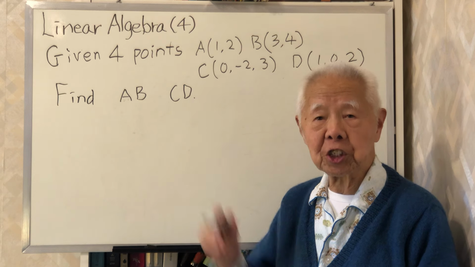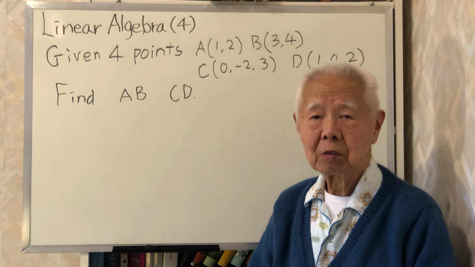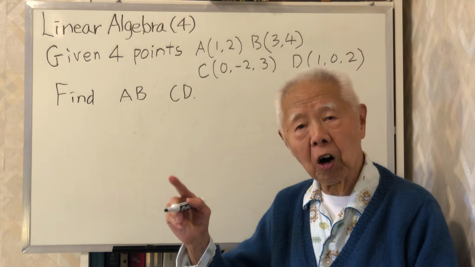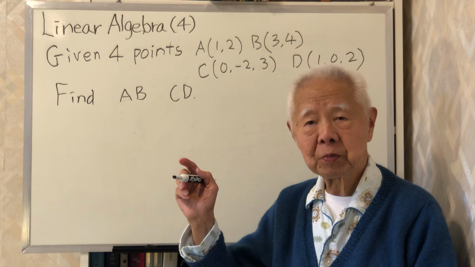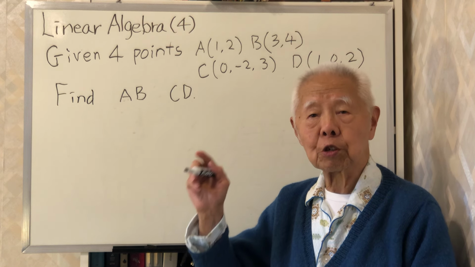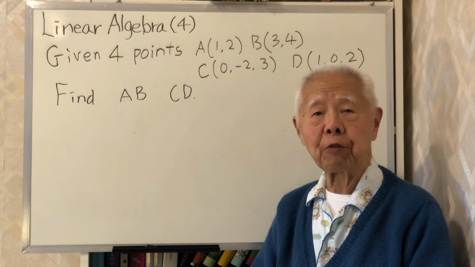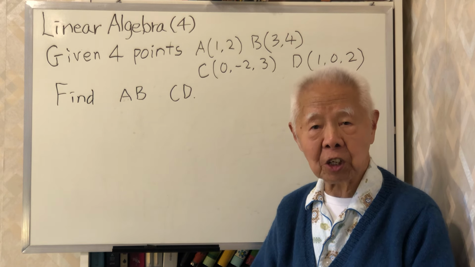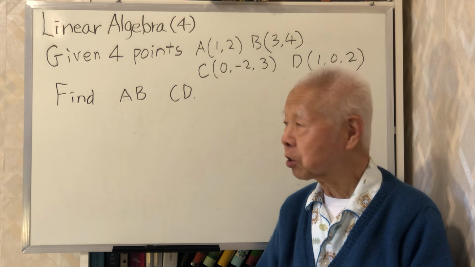AB and CD are 2 vectors. AB means you draw a line from point A to point B. CD means you draw a line from point C to point D. Therefore, AB is a vector and CD is also a vector.